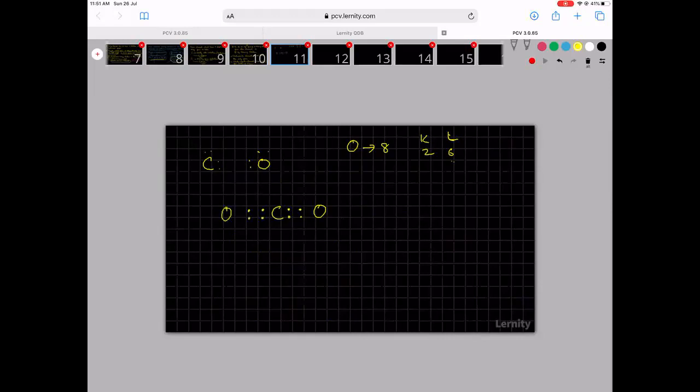Now oxygen has 8 electrons in the outermost shell, and carbon also has 8. So carbon will share 2 electrons with 2 different oxygens, so that it will attain stability.